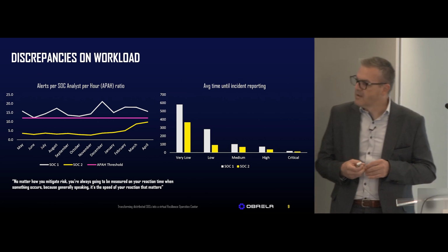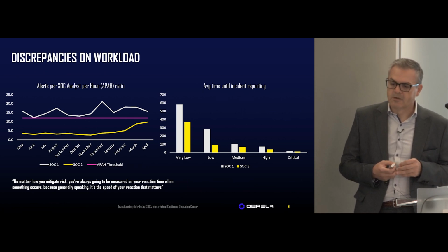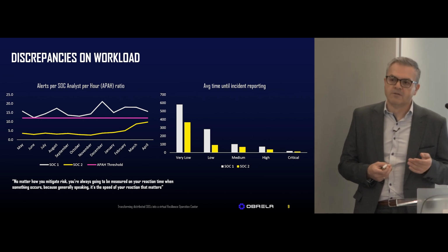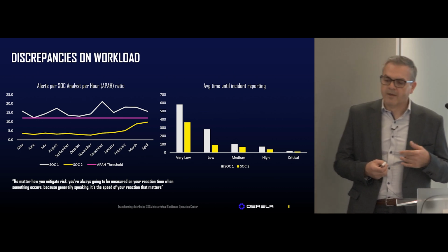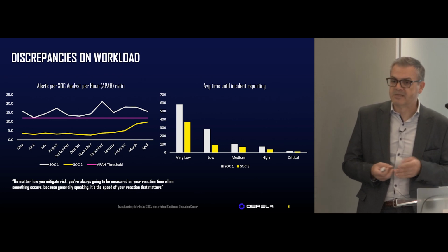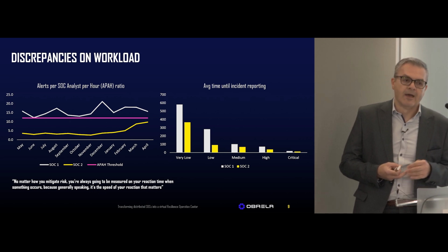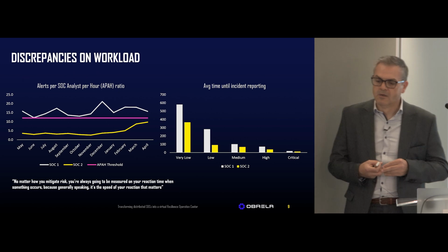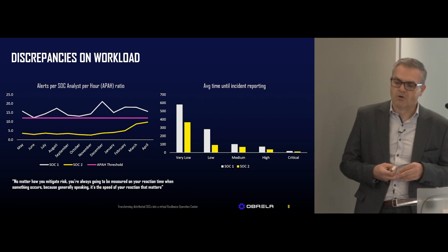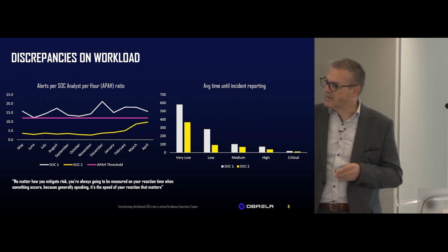Now, as you can see in the graphs, uneven workload between the distributed teams can arise from a combination of multiple factors. These factors can be related to the organizational characteristics of the customers in each region, industry-specific challenges, monitoring infrastructure differences, and the maturity of the security practices in each region. On the other hand, the skill level and experience of SOC analysts can significantly impact the overall team performance.